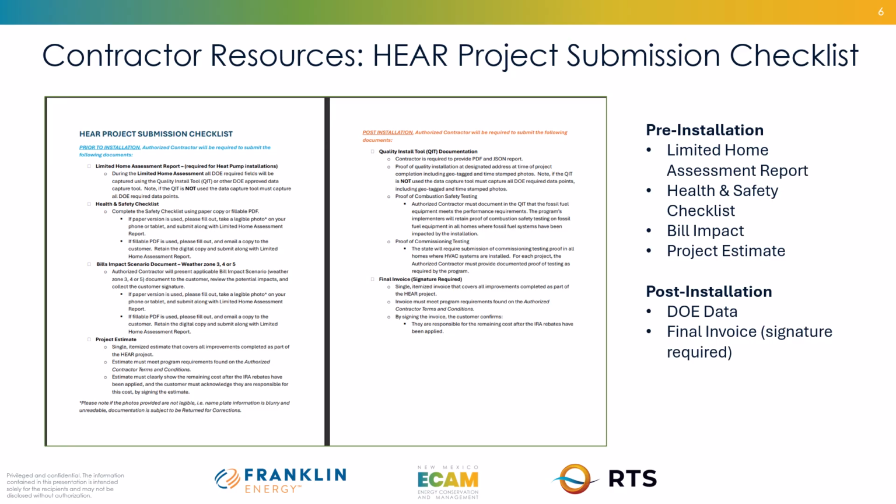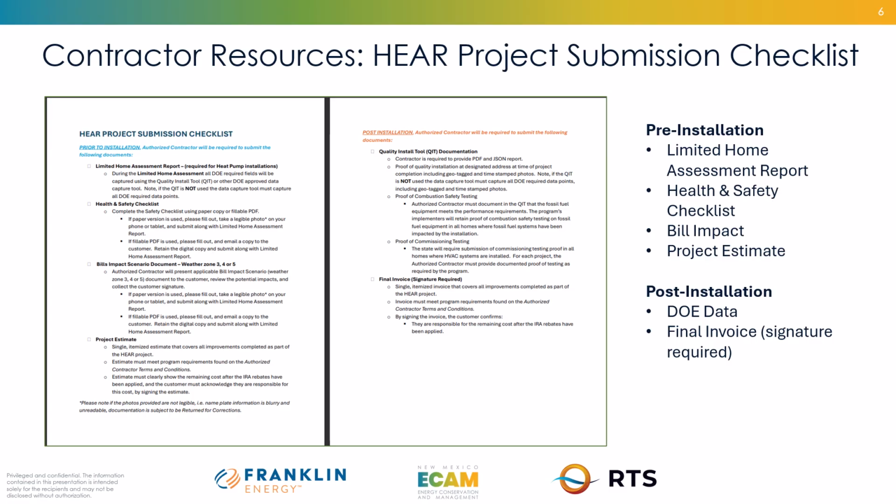Authorized contractors for the HERE program will receive essential documents by email to guide and support their installation work. In addition, each contractor will be assigned an outreach specialist who will provide ongoing support and address any questions or concerns throughout the process. The HERE project submission checklist is a resource for all contractors to ensure all required documents are completed.